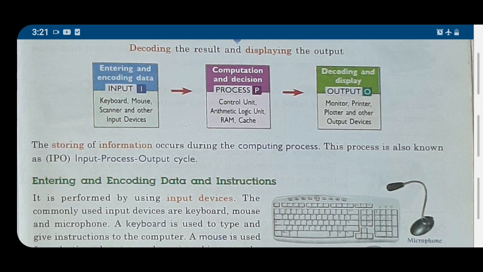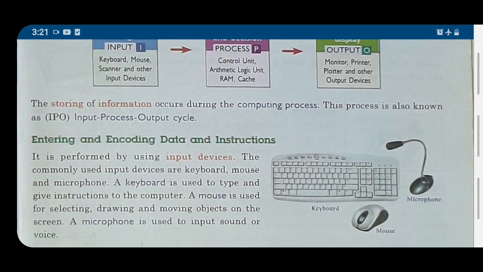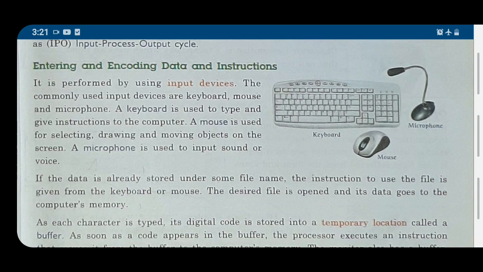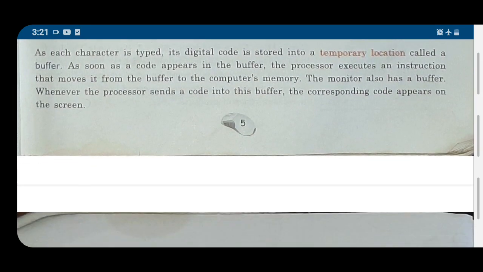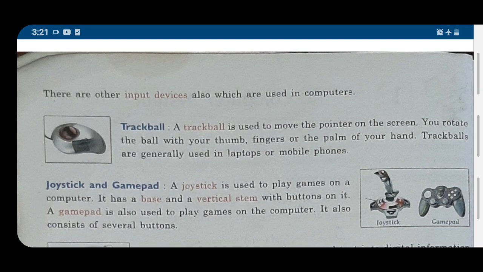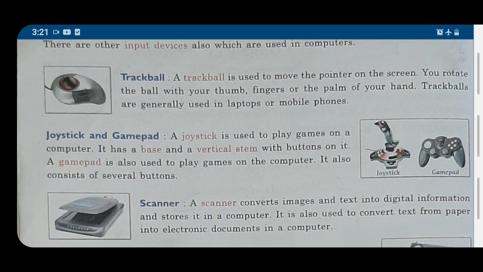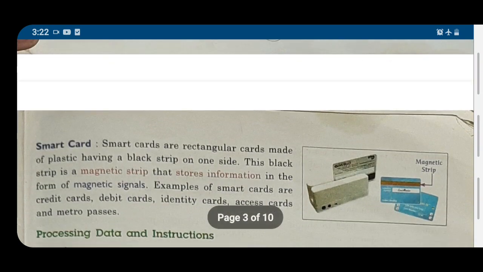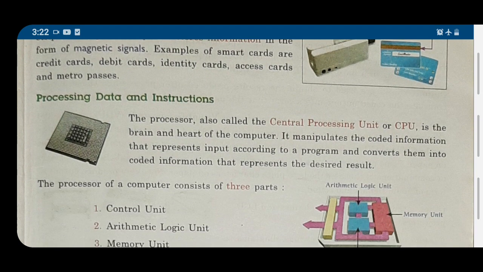So once more I want to show you what we studied last week, entering and encoding data and instructions. In that I told you how we give input with the help of keyboard, microphone, mouse, and some other useful input devices used in computers. Then I taught you about processing, how the processor does the work with the help of the central processing unit.